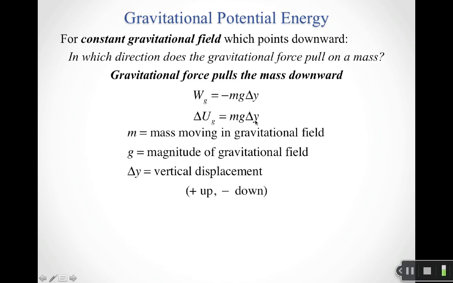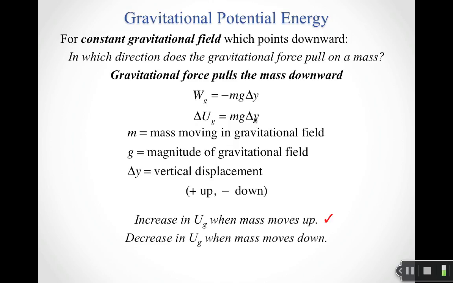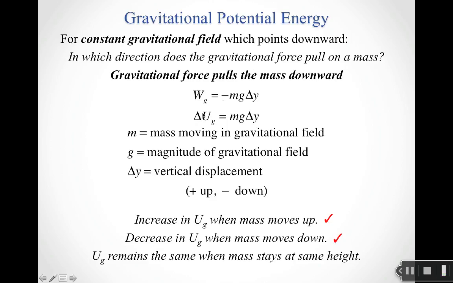And again, mass is positive, g is always positive, and delta y is positive when my object moves up and negative when my object moves down, which means that I increase the potential energy when my mass moves up. Positive, positive, positive. So that checks. I decrease the gravitational potential energy when my mass moves down. Positive mass, positive g, negative delta y says that I have a decreasing potential energy. So that checks out. And then again, if my mass remains at the same height, then delta y is 0. So sure enough, my change in the potential energy is 0. So this equation works out.